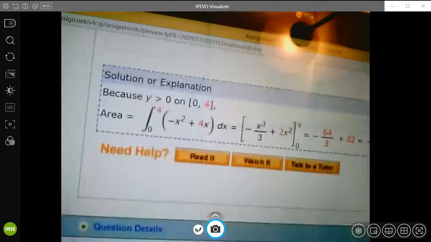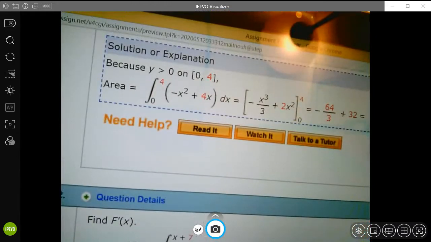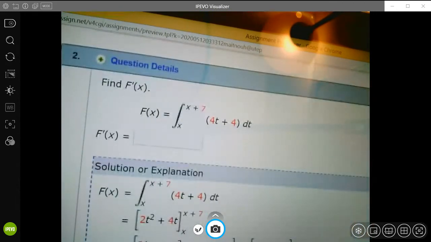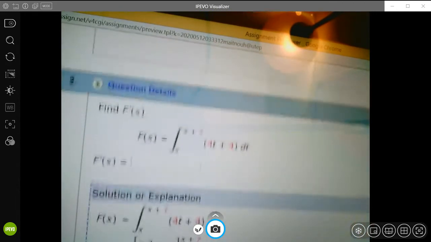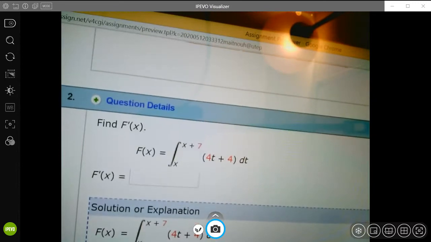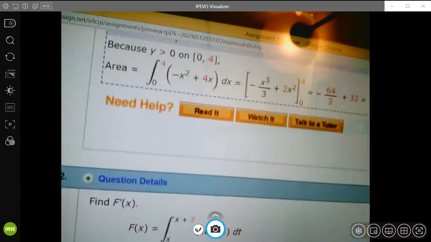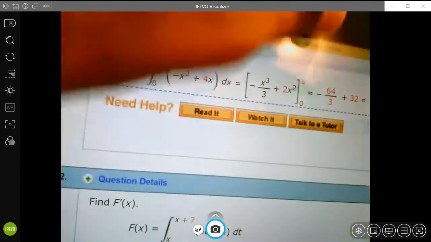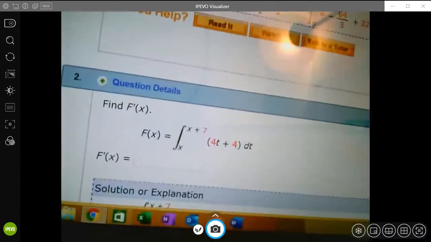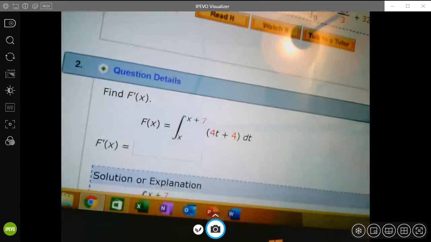Okay, next question. We'll look at this one now. If you have the integral from x to x plus 7, okay, let's do this.